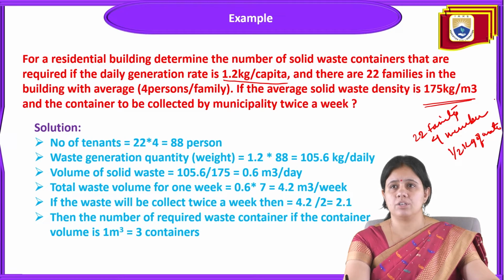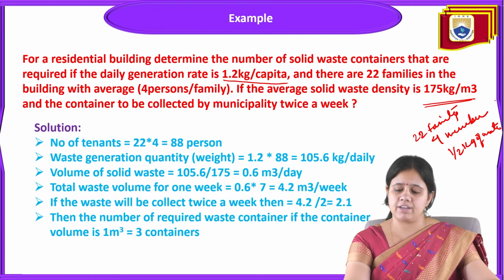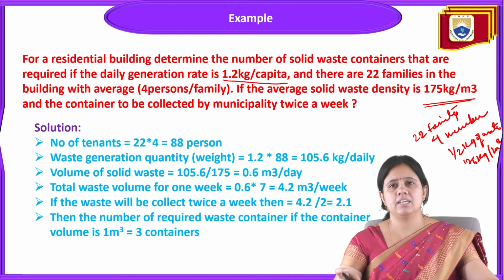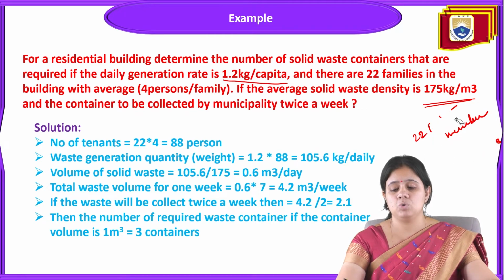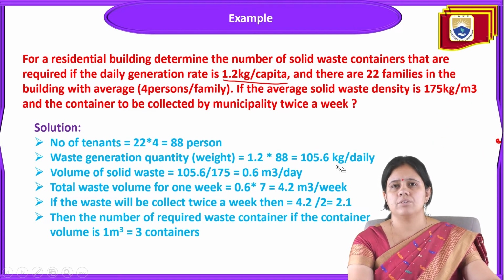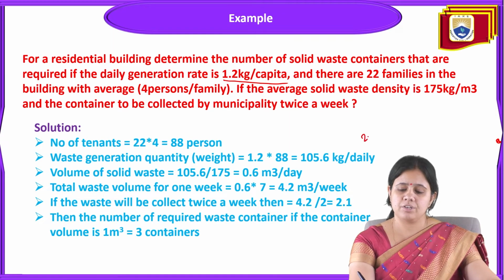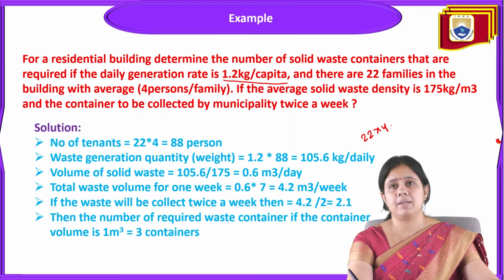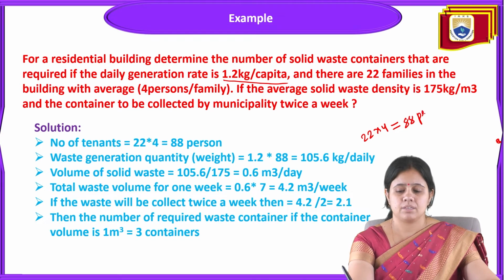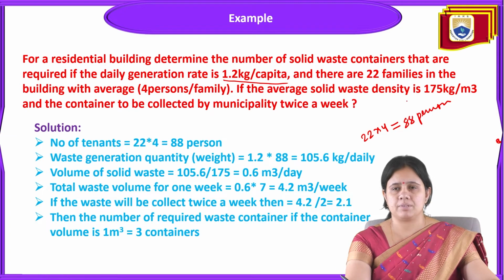So first of all, the number of persons is 22 into 4, because each family has approximately 4 members, so 88 persons. The waste generation is 1.2 into 88, which is equal to 105.6 kg per day.